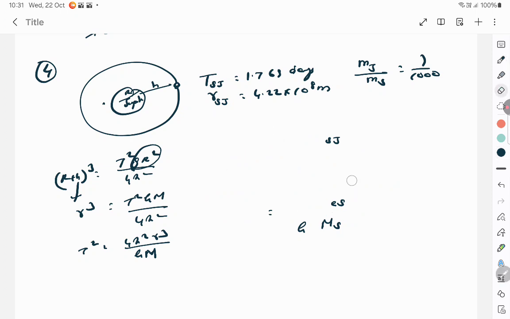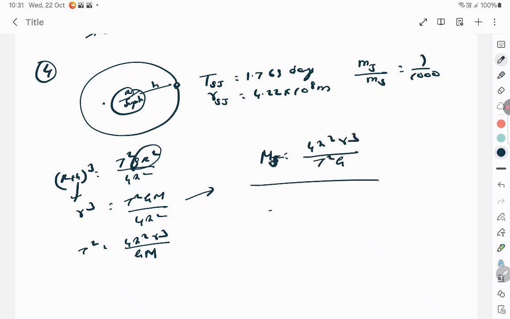So then ideally you should have written the mass of Jupiter from here. Mass of Jupiter, capital M, is 4 pi square R cube by T square into G, divided by the mass of the Sun.